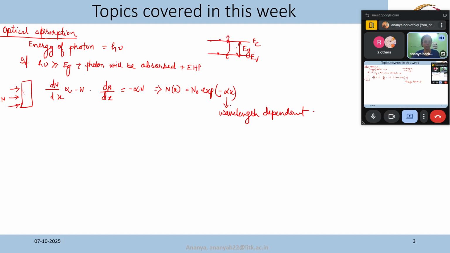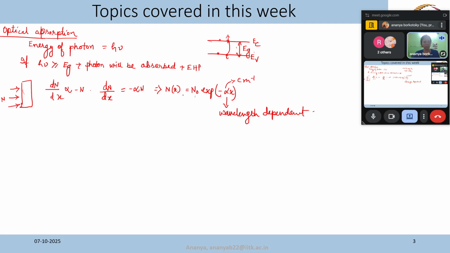This is number of photons, so the exponential term should be unitless. So x we normally denote in semiconductors with the dimension of length as centimeter, so the unit of alpha will be centimeter inverse.